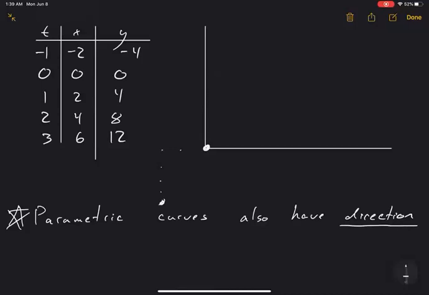Then I graph 2, 4, maybe that'd be here. And I graph 3, 6, maybe that'd be there. Then I connect the dots. That's all I do, and I see I get this nice line.